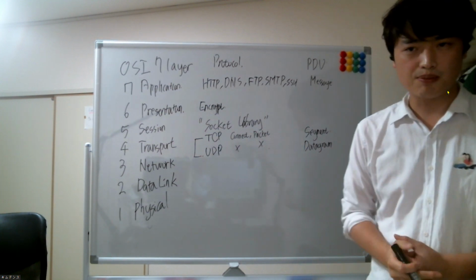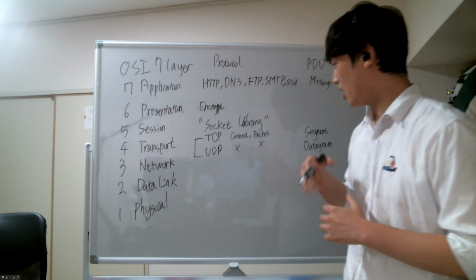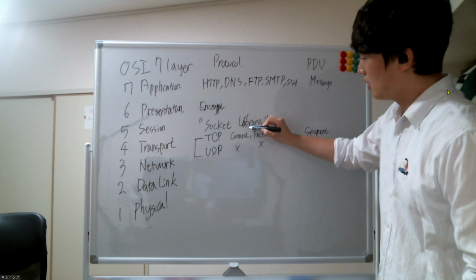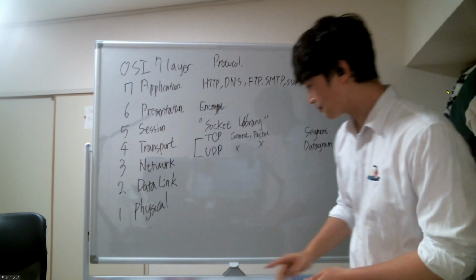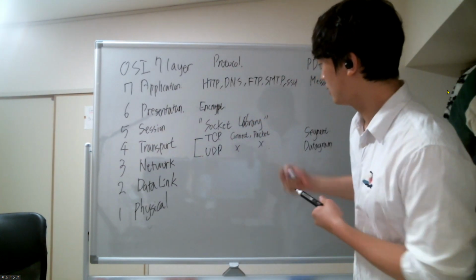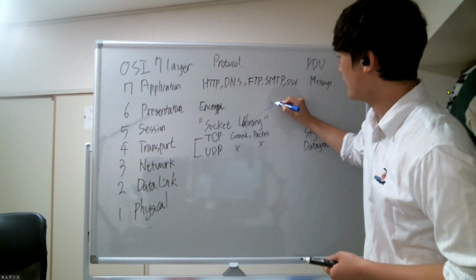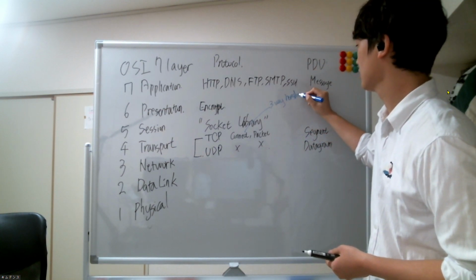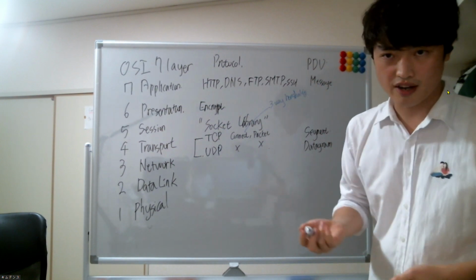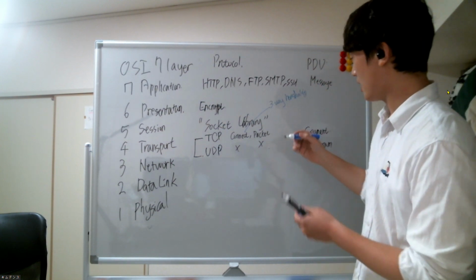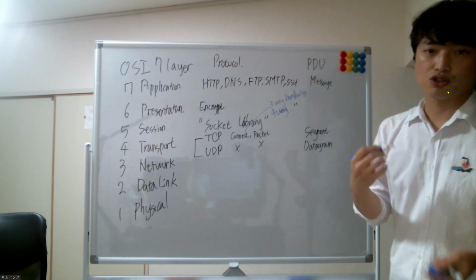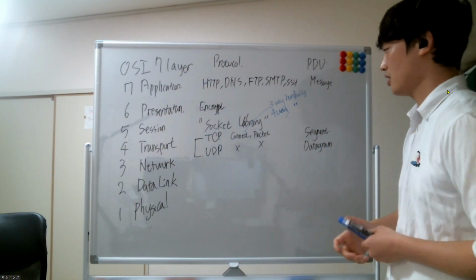So how does TCP guarantee a valid connection and valid packet transmitting? First of all, it has 3-way handshaking to establish the connection, and at the same time 4-way handshaking to close the connection.